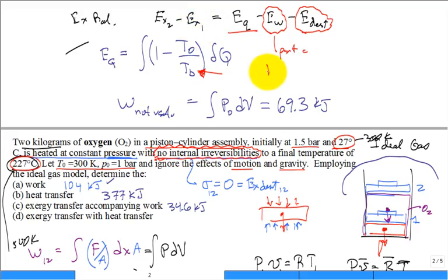So the exergy transfer with the heat transfer, depending on what symbol you like, cap Q or lowercase q, it's the same, is going to be the mass times U2 minus U1, plus P naught times V2 minus V1, minus T naught times S2 minus S1. True?